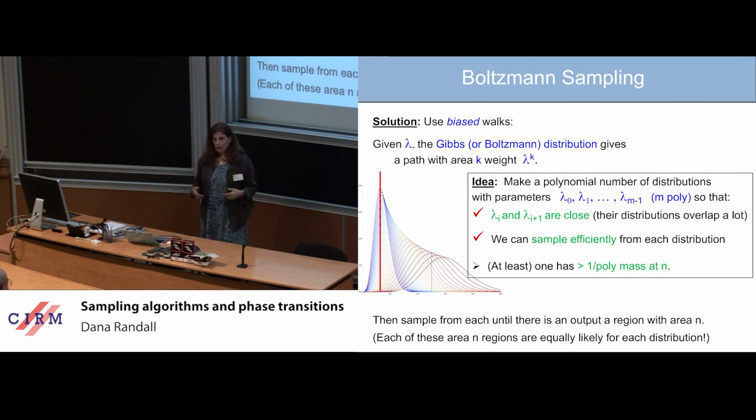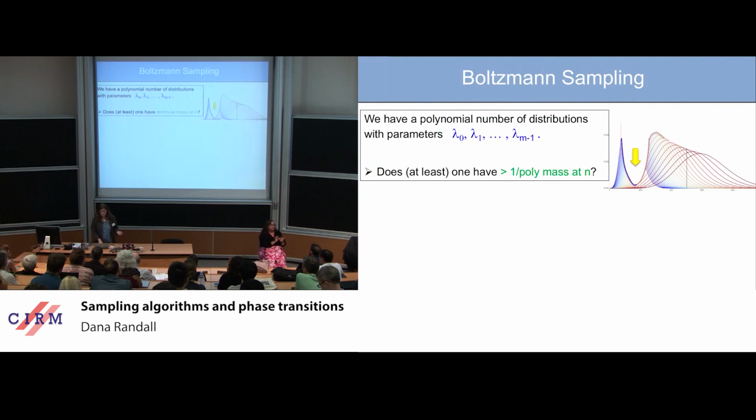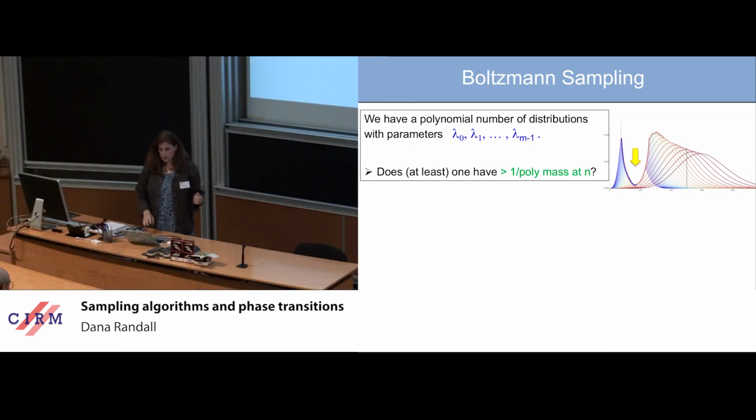So I want to do this so that eventually I don't reject and I will get something with non-trivial probability that has area n. So in summary, this is the last piece that we have to satisfy. Do we know that at least one of them has this probability? And the answer is yes. And I'm going to show you 2 different reasons that the answer is yes.